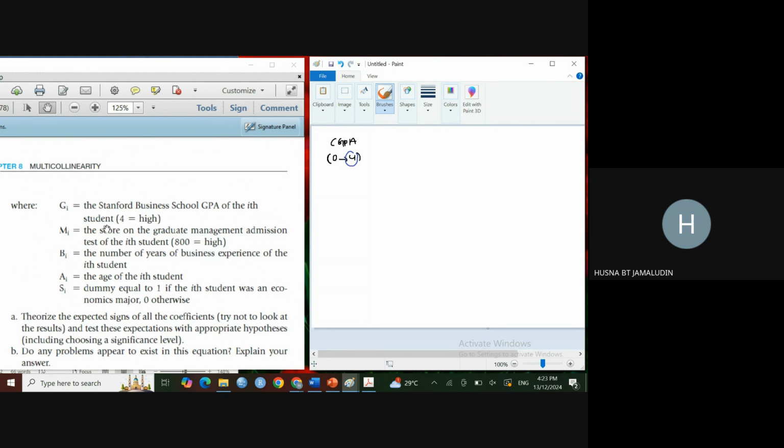This is their CGPA as a function of the score on the graduate management admission test of the students. So what is this? Admission test. When you joined IIUM, did you take any admission test? Or have you been exempted from Arabic, English, and everything?